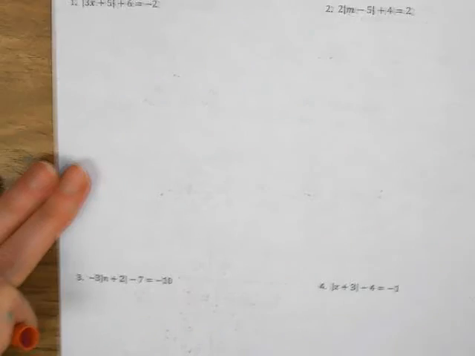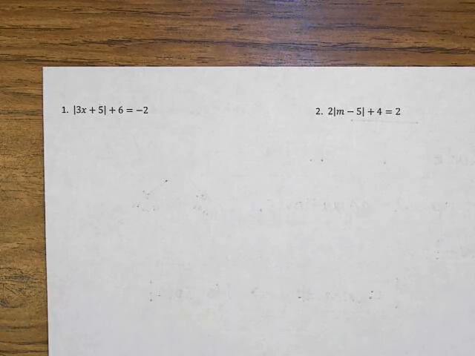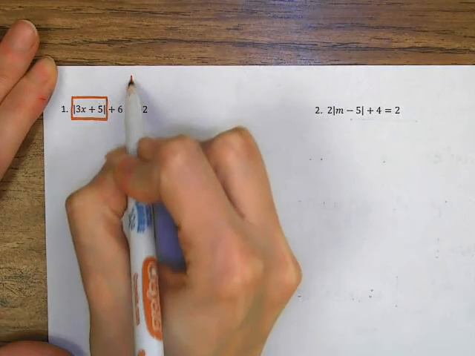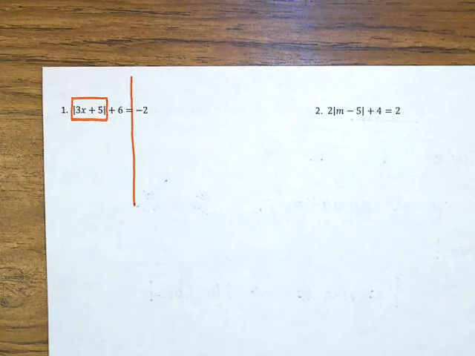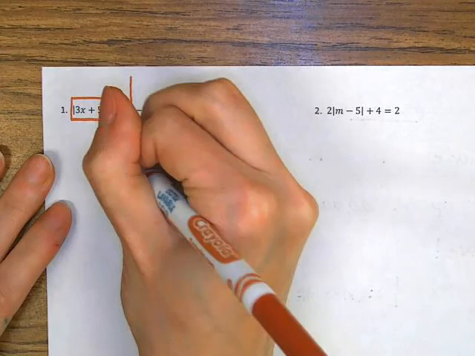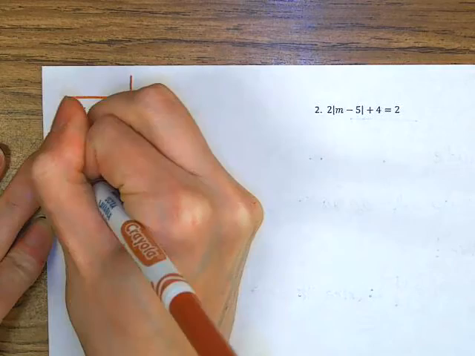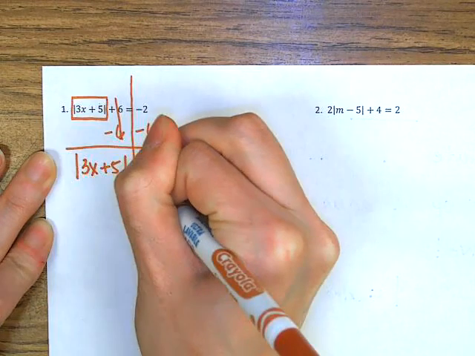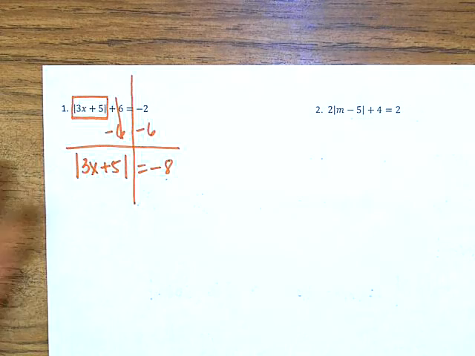So number 1, always isolate first. So if we want to isolate the absolute value, we need to draw the wall, and minus 6. All right, so minus 6 from both sides. You get absolute value 3x plus 5 equals negative 8. Okay, and here's where you need to stop and think.